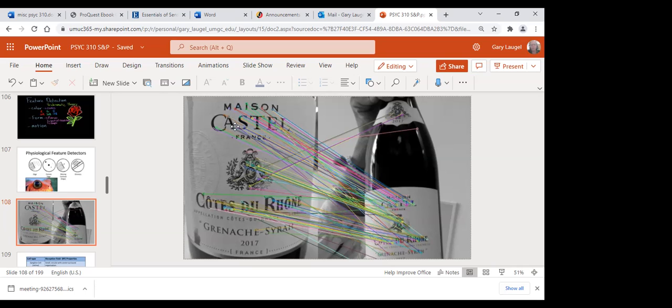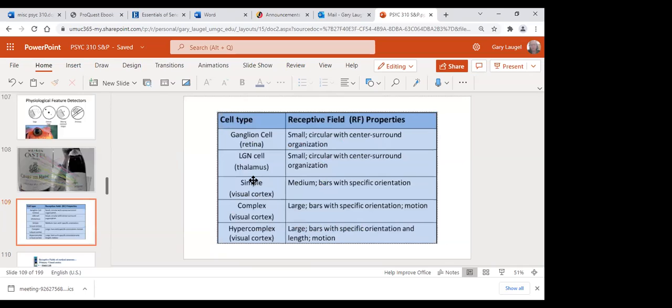You have edges, you have orientations of lines, you don't have much color, you just got black and white there. But notice you have very exquisite forms here in the logo for the wine company, right? So in other words, the visual system kind of decomposes the little pieces there and then puts them together into a single visual perception. So we can say, oh, it's a label on a bottle of wine, right?